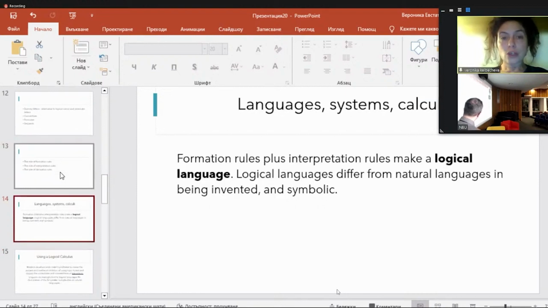So formation rules plus interpretation rules make a logical language. And this is what he draws in the book as a development from the thinkers before him. The logical languages differ from natural languages in being invented and symbolic.